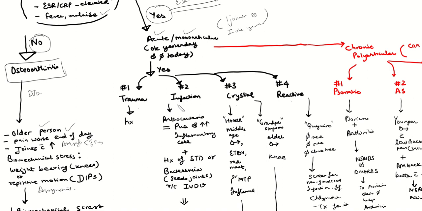B, it's going to actually cause sepsis, septic shock, MODS, multiple organ dysfunction syndrome, and death. Okay. Crystal disease. Okay. Where it could be Homer Simpson or Grandpa Simpson, and or reactive arthritis.